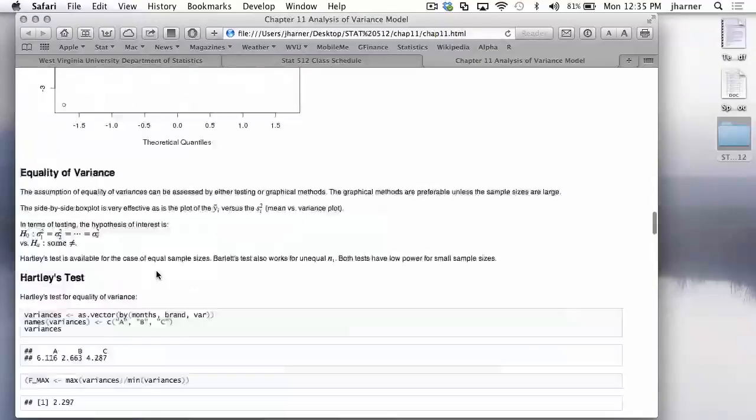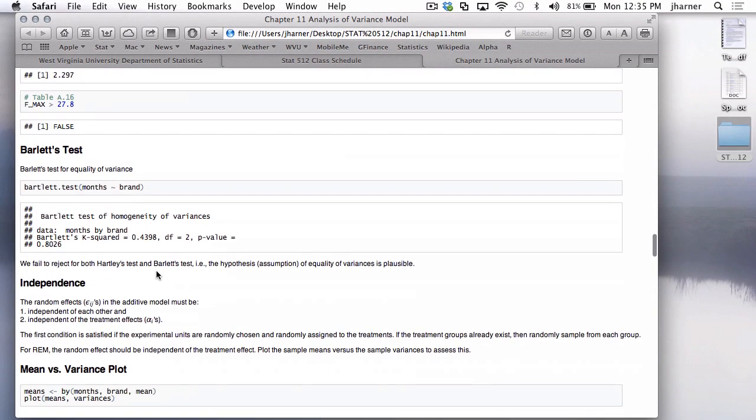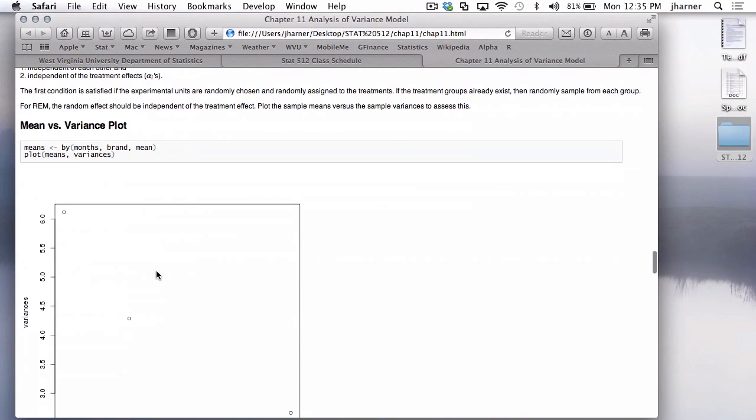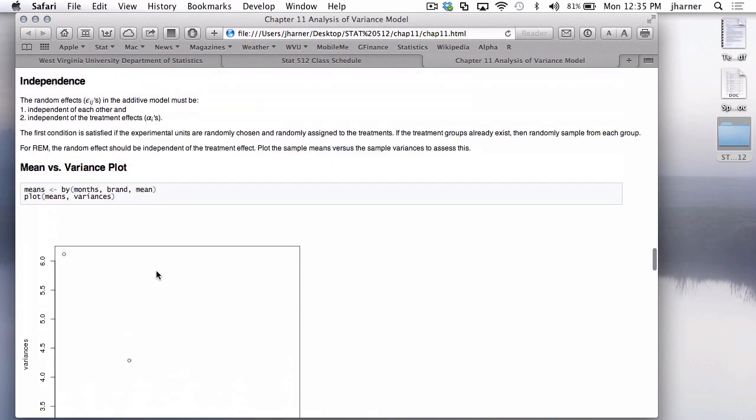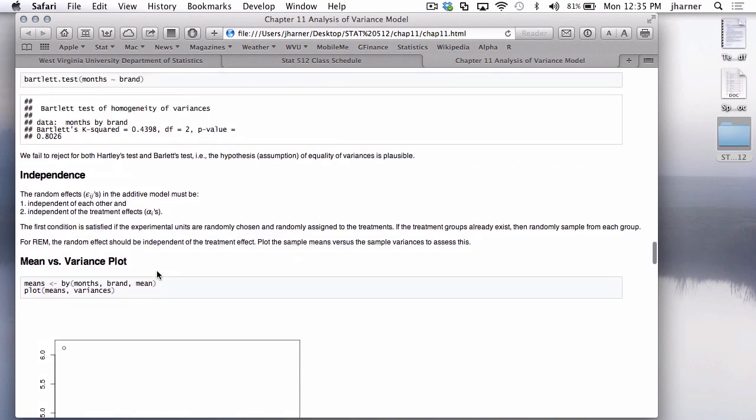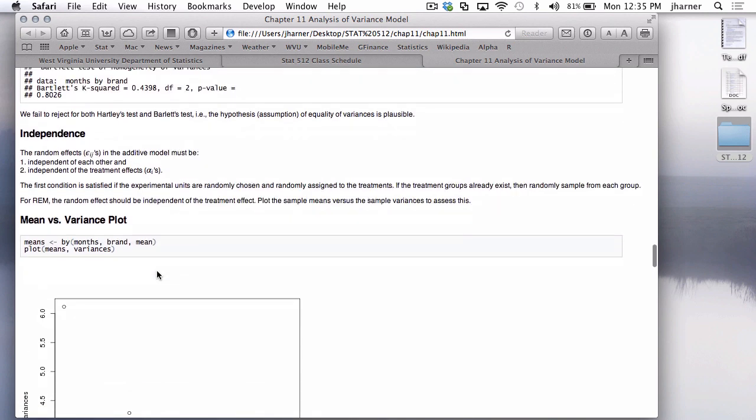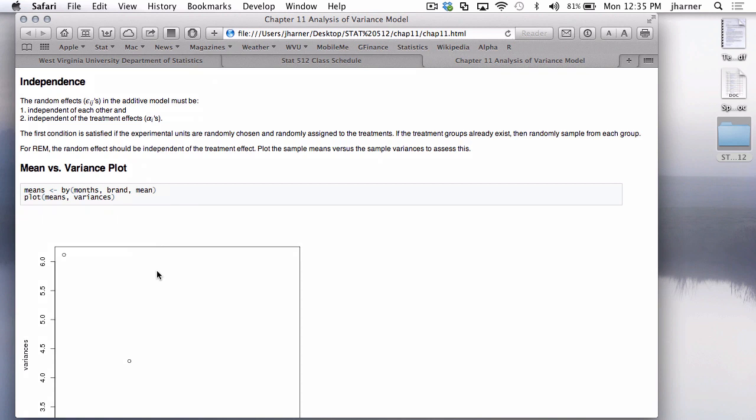Okay. So again, the mean versus the variance plot is often a fairly important one to indicate whether the variance changes. Under the analysis of variance model, the variance should not depend on the mean.